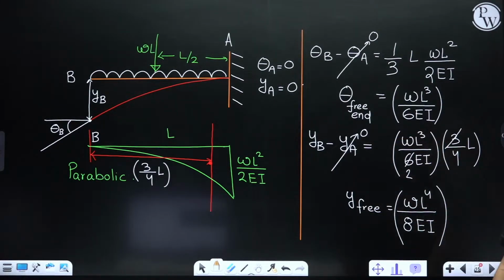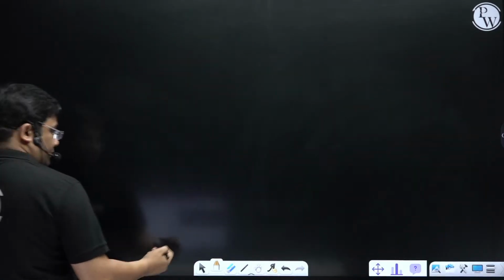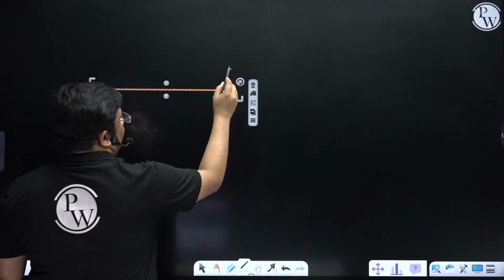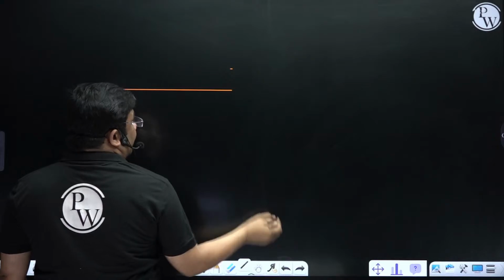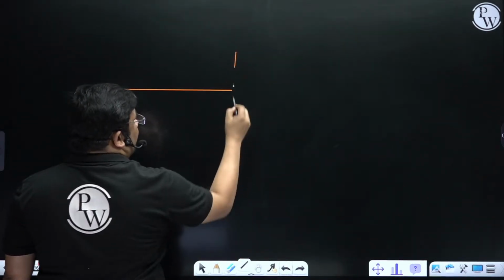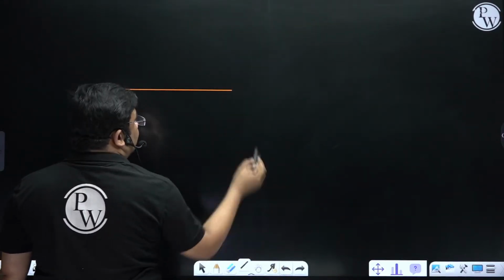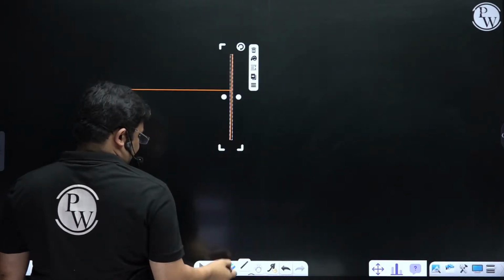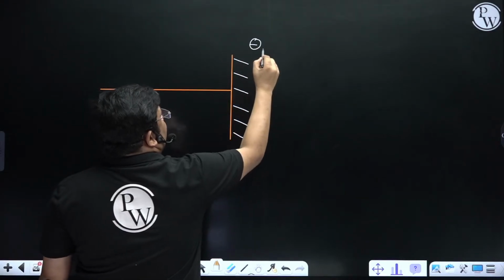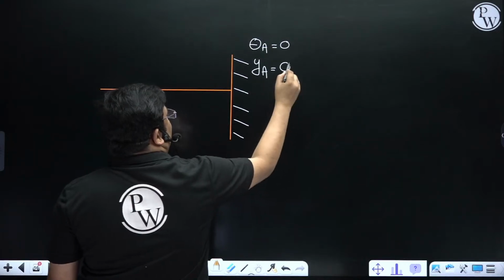This is for your UDL. The last one is for a triangular load or varying load. Again the same thing: theta A is 0 here and YA is 0 here.